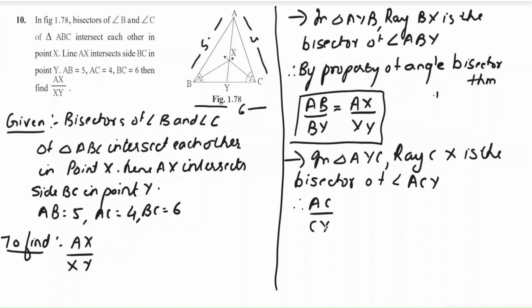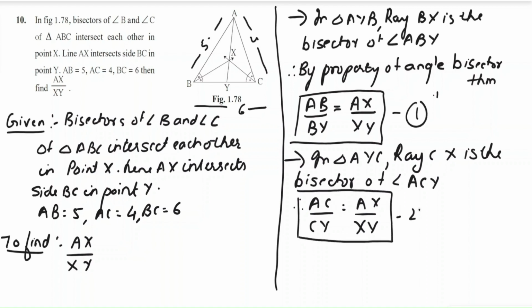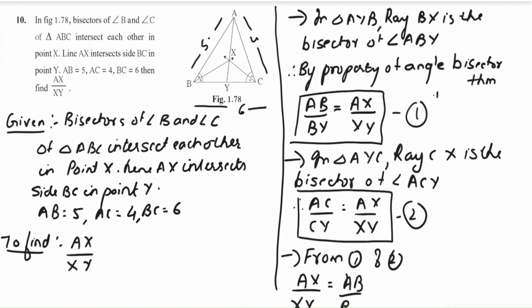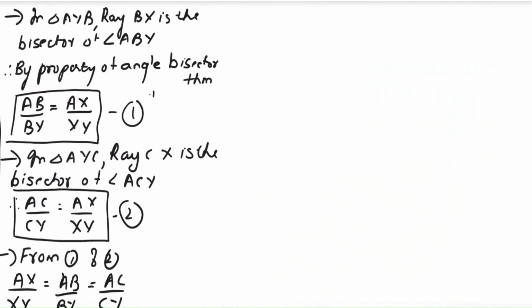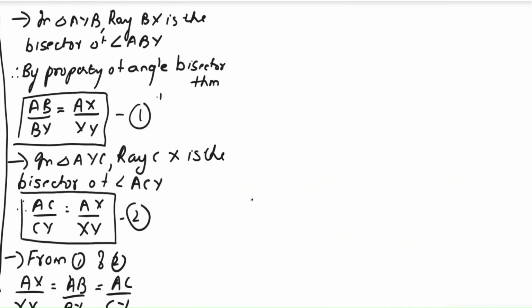AC upon CY is equal to AX upon XY. This is equation number 1 and equation number 2. So now from 1 and 2 we can write AX upon XY is equal to AB upon BY is equal to AC upon CY. Now we can take theorem on equal ratios.